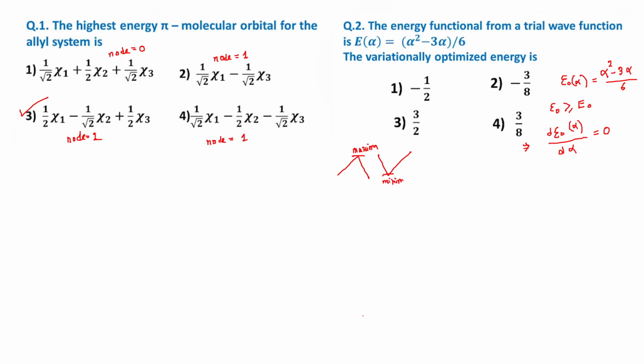In both cases, your d epsilon, or d functional by d alpha, is going to be zero. And we are looking at such inflection points. So let us do that. If we do d of d alpha of alpha square minus 3 alpha, whole divided by 6, equals 0.